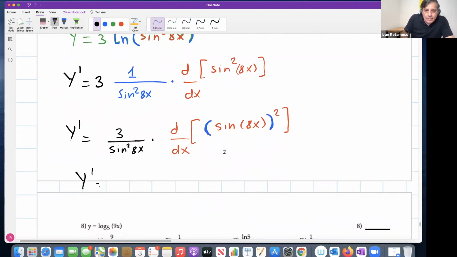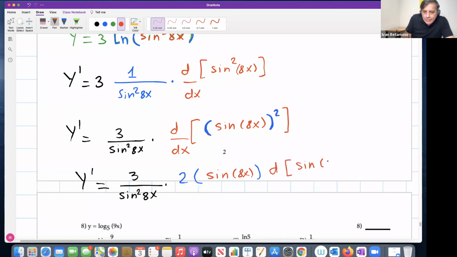Well, y prime will be equal to 3 over sine square of 8x times derivative of this outside function, square function, is this twice, it's pointing here, 1, sine of 8x, right? Multiplied by the derivative of sine 8x.